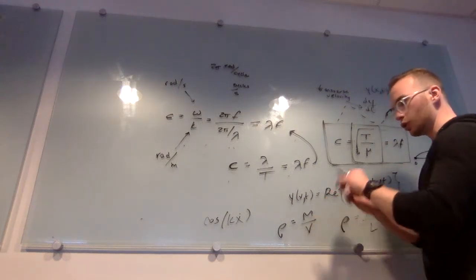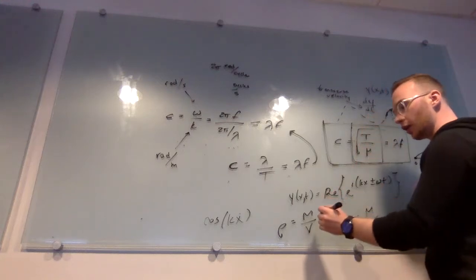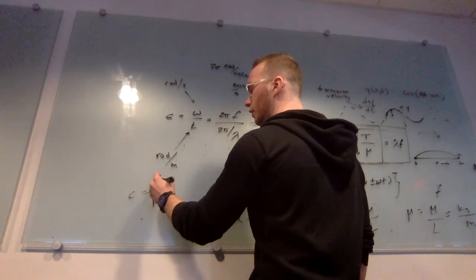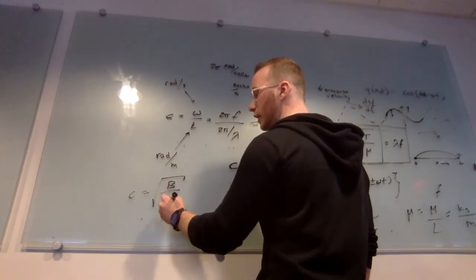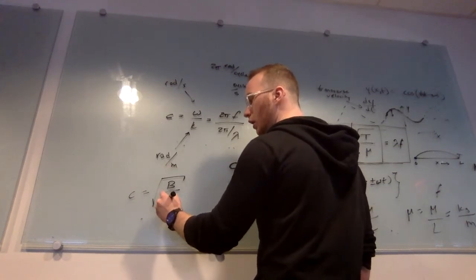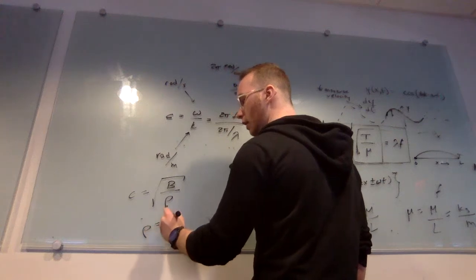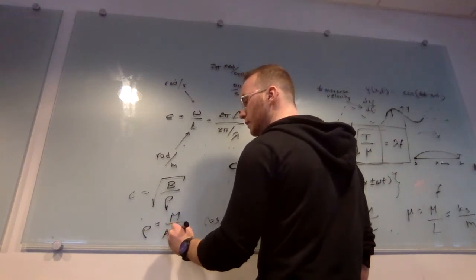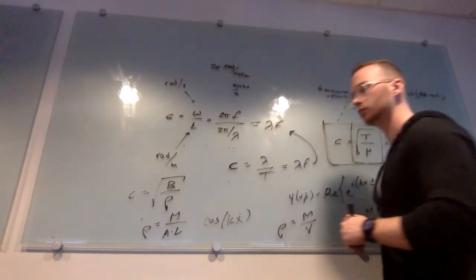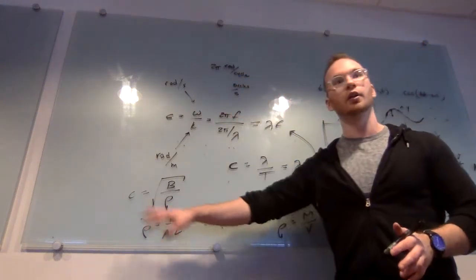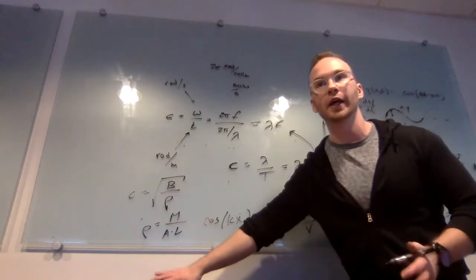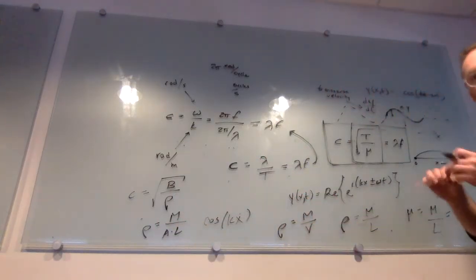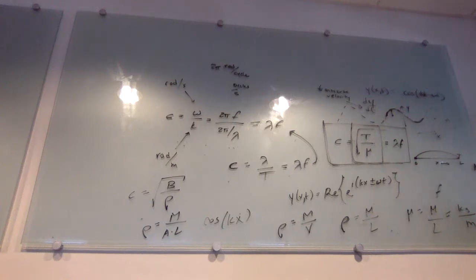So if they told you it was made of a certain material, and they told you the bulk modulus, then you would have c and it'd be B, the bulk modulus of steel or whatever, over the density rho, but the density rho would now be the total mass over the cross sectional area times the length. I'm just making up these, so don't write these down without context. This just means the cross sectional area. So it would just be the volume of a cylinder, whatever you solve for it.